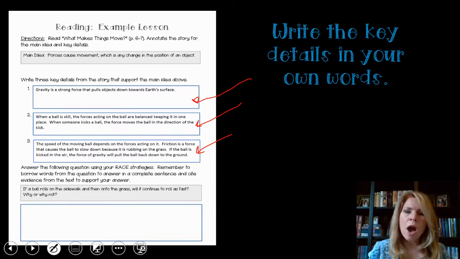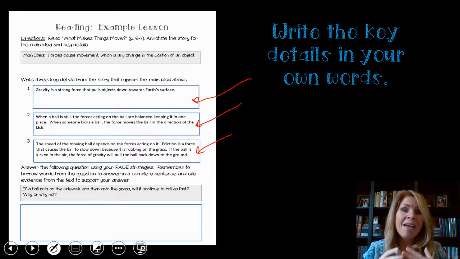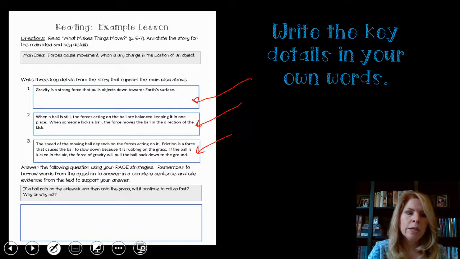But when I write them, I'm not going to copy them word for word. I'm going to make sure that I change them into my own words. I'm going to take what I've learned and think about it and put it in my own words. What does it mean to me? So number 1, I said gravity is a strong force that pulls objects down towards the Earth's surface.